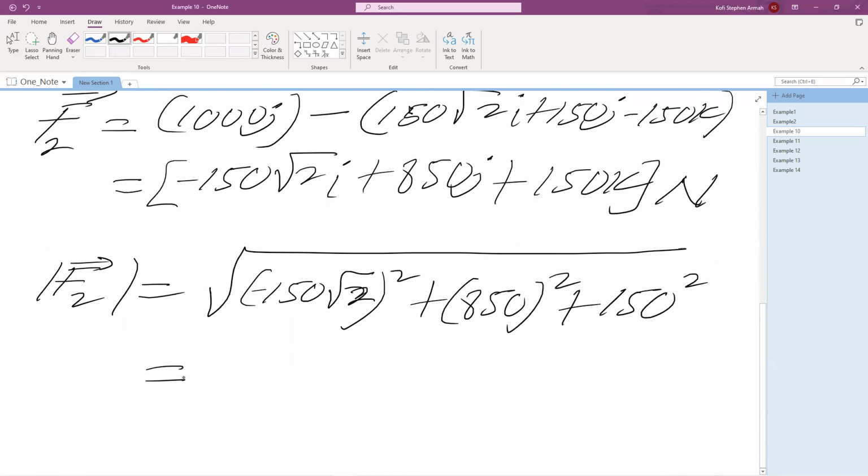And then you use a calculator. Let me give me a minute to do that. So square root, bracket 150 root 2 all square, 850 all square, add, and then 150 all square. I hope there's no mistake in what I've done.